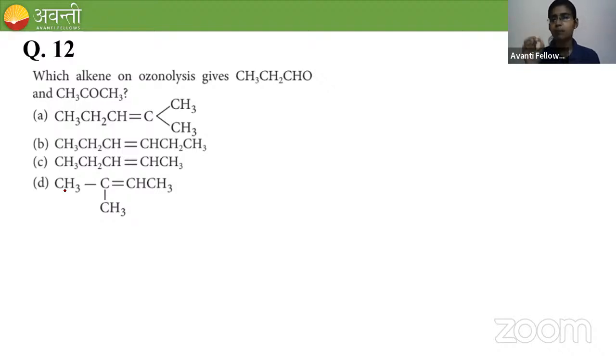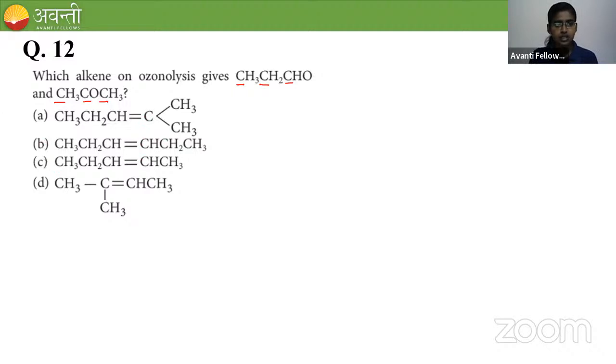Just count the number of carbons present in the products given in the question. 1, 2, 3, and here also 1, 2, 3. So 3 plus 3, we have 6 carbons. So the reactant should be a 6-carbon alkene. Just check for the 6-carbon alkenes in the given four options.